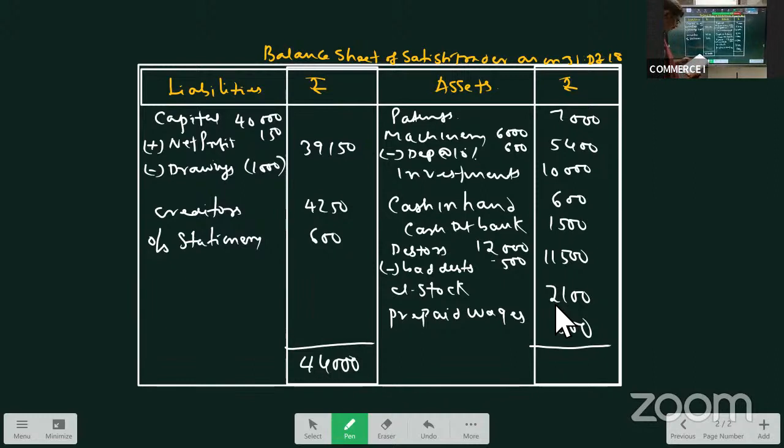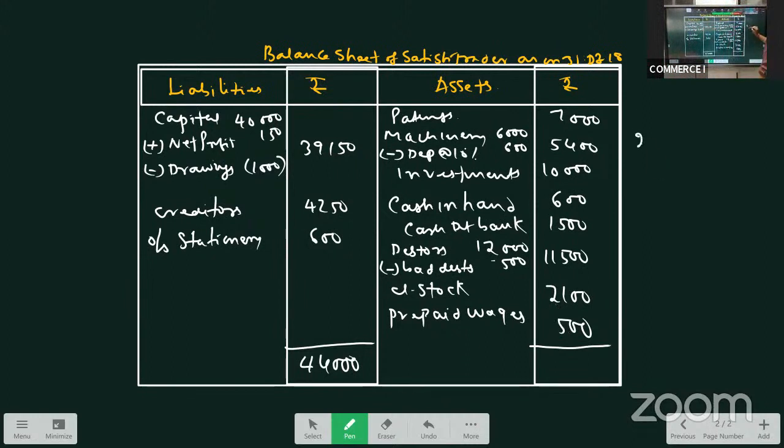Investments 10,000, patent 7,000, debtors 12,000. Then machinery 6,000. We don't have anything else. 7 plus 5, 12.